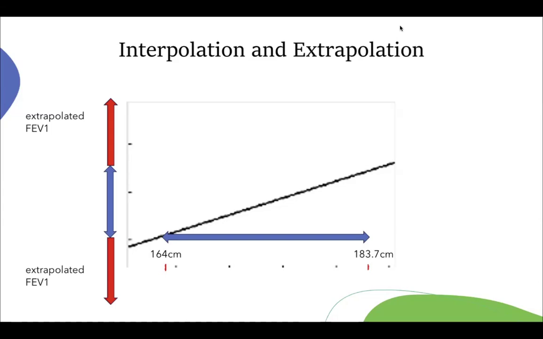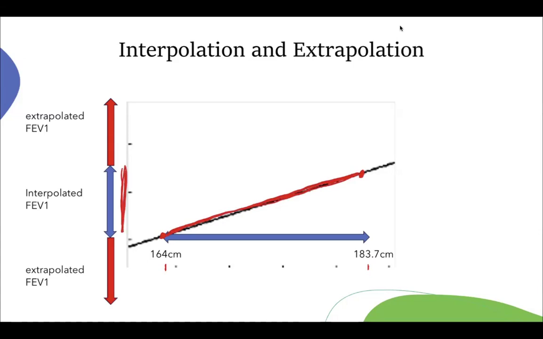I'm sorry, that results in, where is it here? The interpolated piece. So 164 to 183.7 gives us a portion of the graph with FEV values that are in the interpolated range. This piece right here.